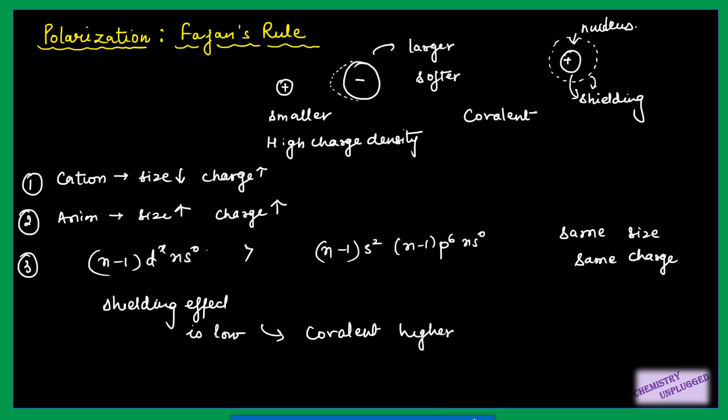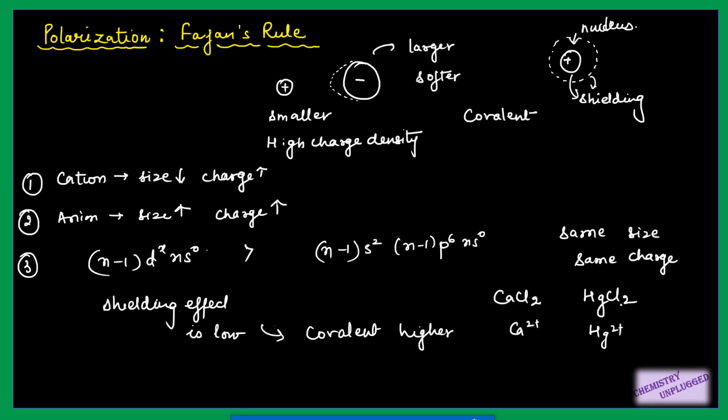So how can we apply this concept in the questions? Suppose I have 2 salts, calcium chloride and mercury chloride. Both of them have the same charge, +2 and +2, right? And they are asking which will have the higher melting point.